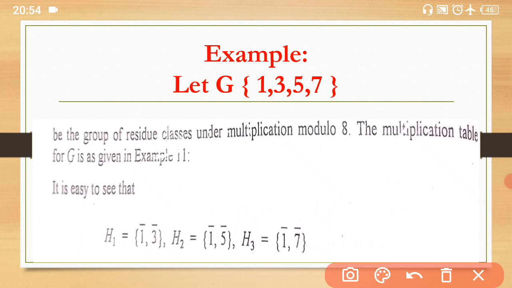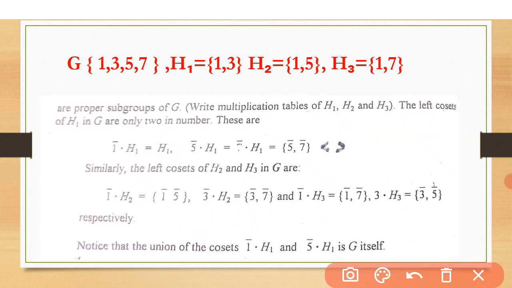Now we check their left and right cosets. First we check the left cosets. When we take 1 from G and multiply it by the elements of H1, 1 times 1 gives us 1.